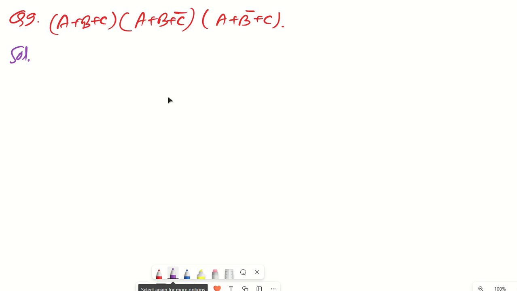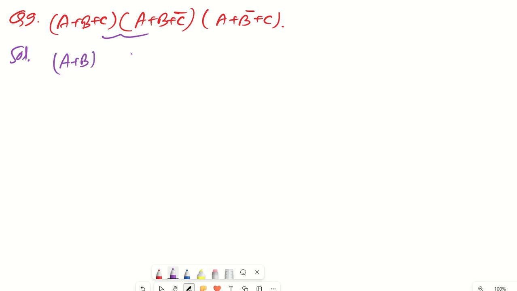So we have a plus b plus c into a plus b plus c bar, right? And a plus b bar plus c we can consider, right? So we can take a plus b as a single term.